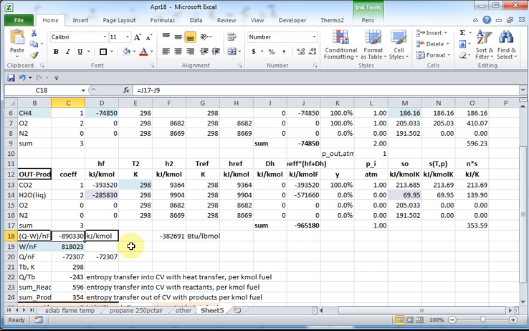And so if I wanted to, I could calculate the work knowing that it's equal to minus this plus this. I just went back to the first law. Everything on the right-hand side was calculated, the sum of the products, sum of the reactants, and then brought over to Q, and so there it is. So that's our answer.